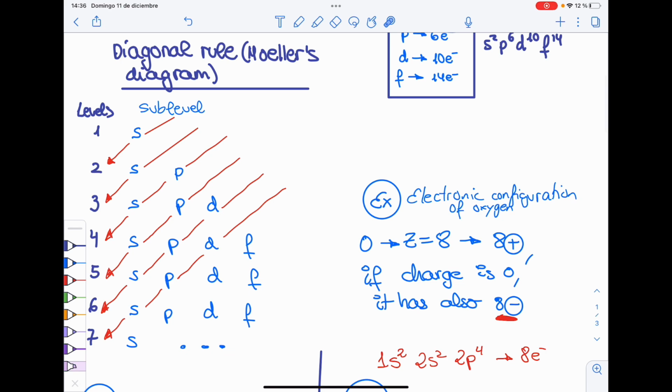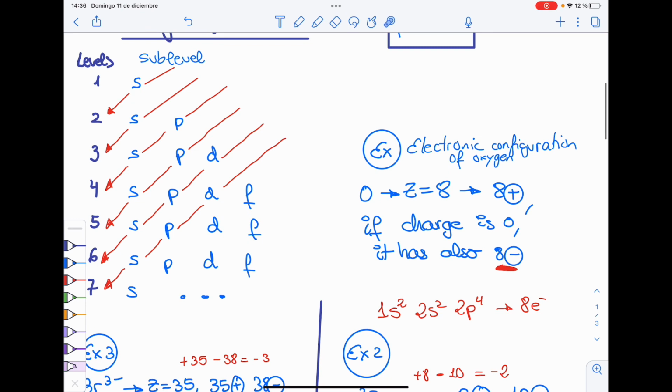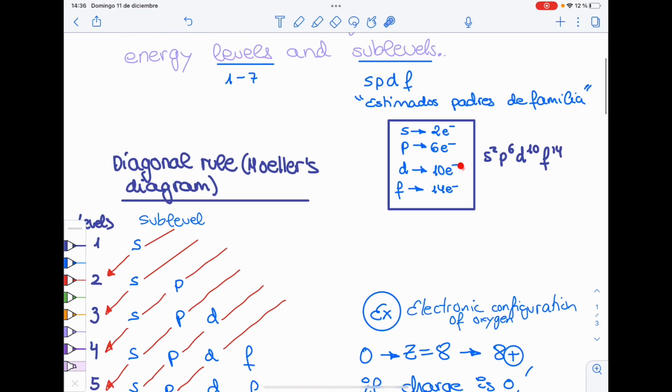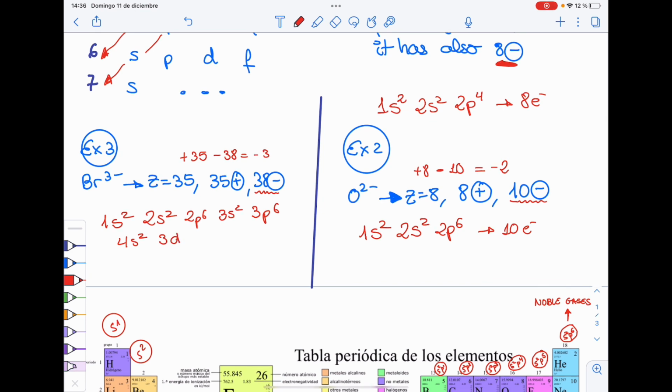Okay, after 3p, if I follow the line, I find this letter 4s, so 4s2, and I still need to continue. Over here, D, 3d, and on D I can put 10 electrons, so 3d10.